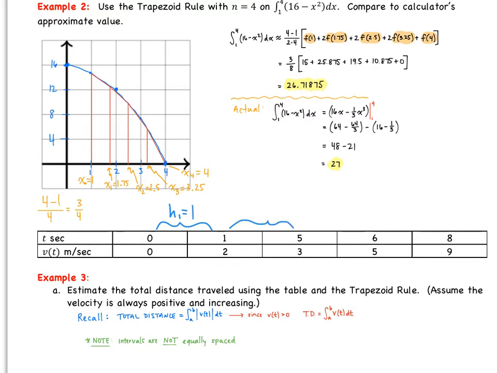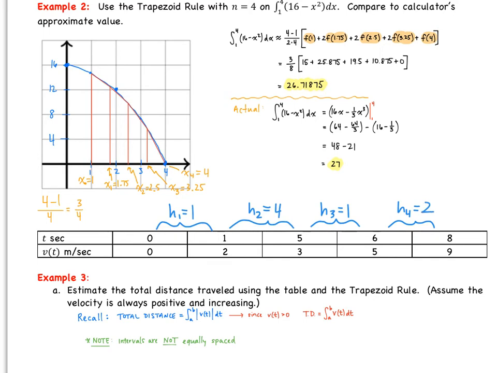For our second trapezoid, height 2 is the difference between 5 and 1, so that's going to be a height of 4. The third height is going to be 6 minus 5, or 1. And finally, for our last trapezoid, the height is the difference between 8 and 6, or 2.